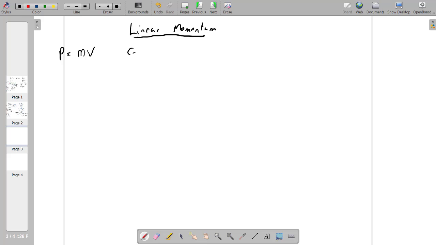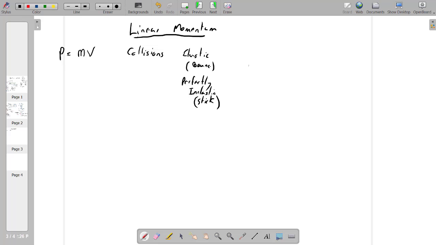So if we look at collisions, and we did something on this before, we have elastic, which is the bounce, and we have the perfectly inelastic, which is the stick together.